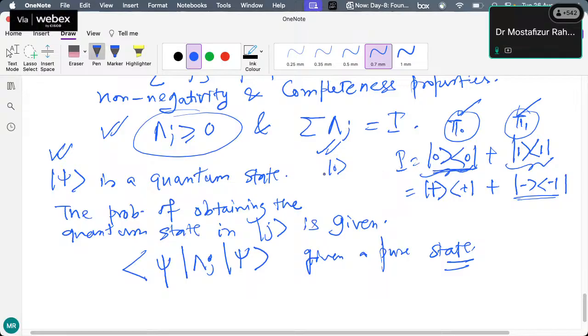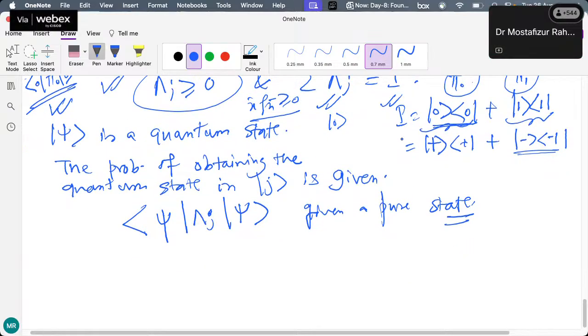So x rho x should be greater than or equal to 0. Here also, to call pi 0 a POVM operator, we check whether this quantity is negative or not. If it is non-negative, then it satisfies the POVM definition.